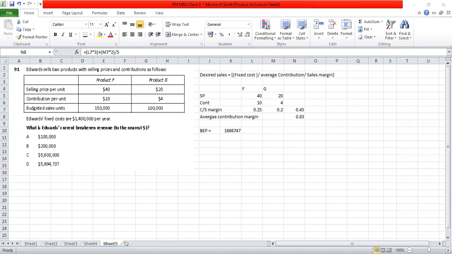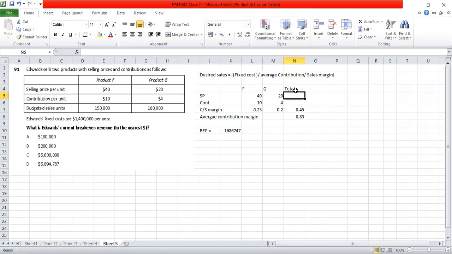Here we have to use the break-even point in sales value, right? Fixed cost is given and contribution sales ratio we have to find out. And then I guess we should be able to get the answer, right?